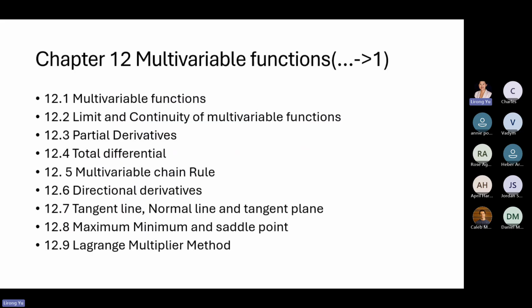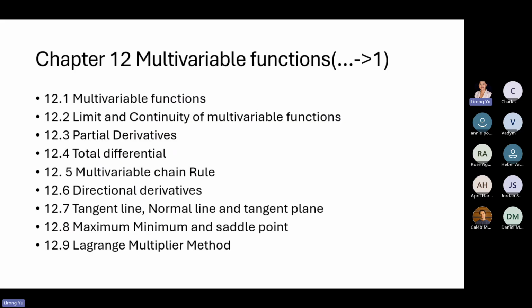12.7 is calculation of tangent line, normal line, and tangent plane of a surface. That one was focused on surfaces. We did mention surfaces in chapter 10, and now we're coming back to the idea of having a surface represented by z equals f(x,y). 12.8 is calculation of maximum or minimum value of a multivariable function.